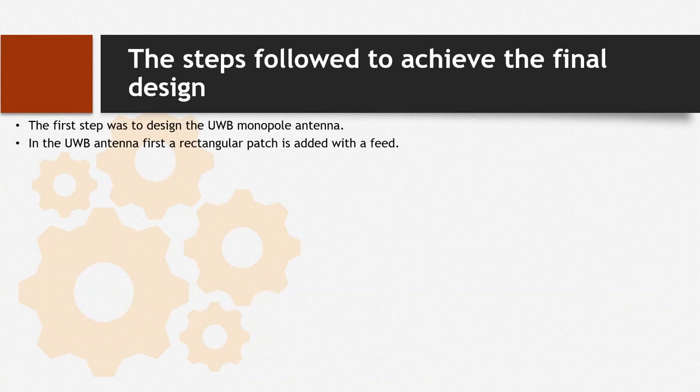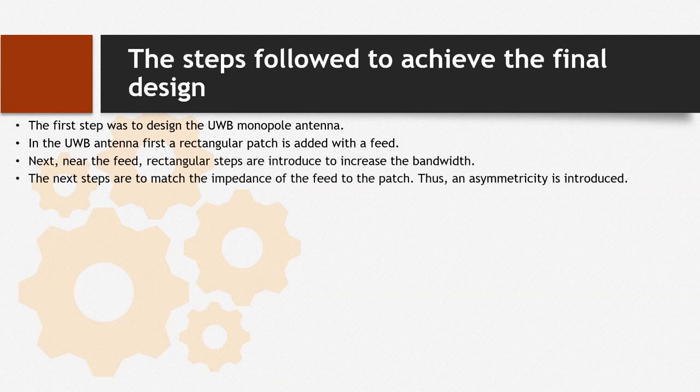These are the steps which we have considered for our design process. The first was to design the ultra-wideband monopole antenna and optimize it for desired results, like introducing rectangular steps near the feed and asymmetricity.